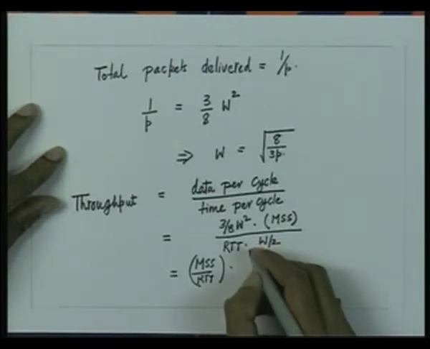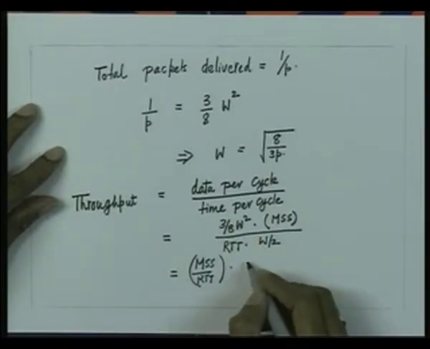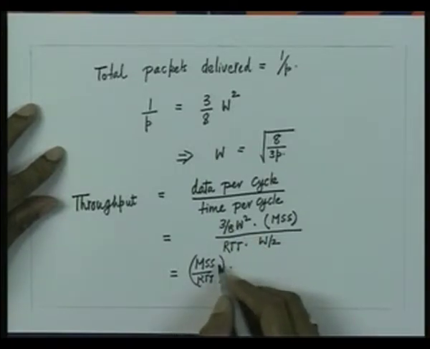Here W cancels out, and so this is 3 by 8.